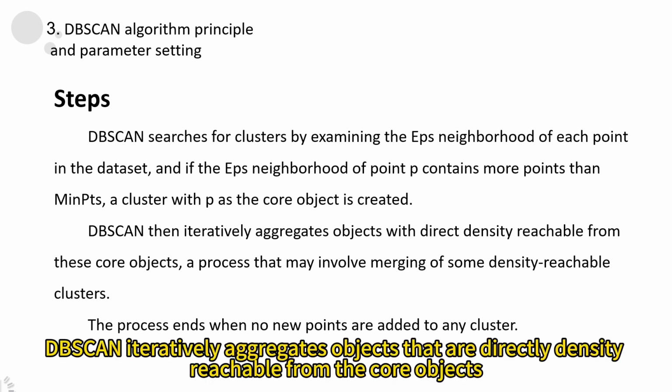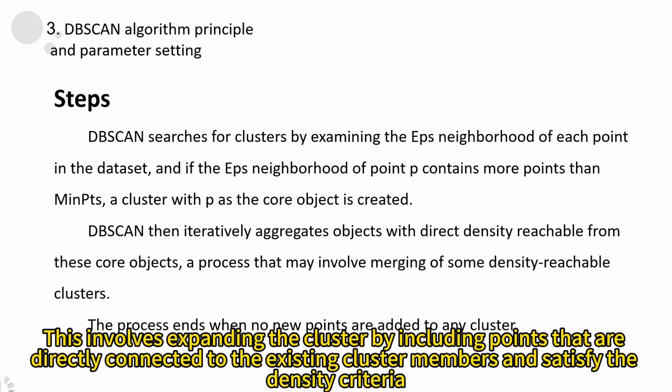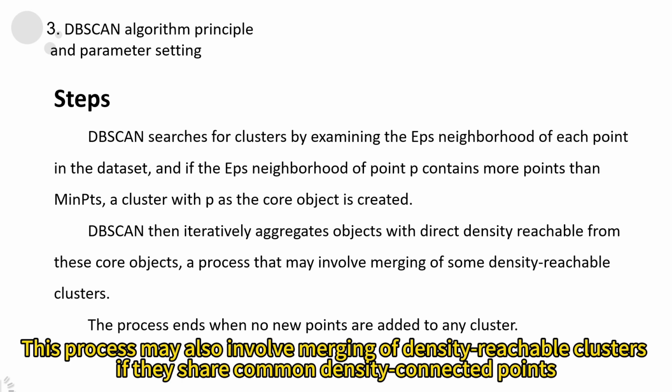Next, DBSCAN iteratively aggregates objects that are directly density reachable from the core objects. This involves expanding the cluster by including points that are directly connected to the existing cluster members and satisfy the density criteria. This process may also involve merging of density-reachable clusters if they share common density-connected points.